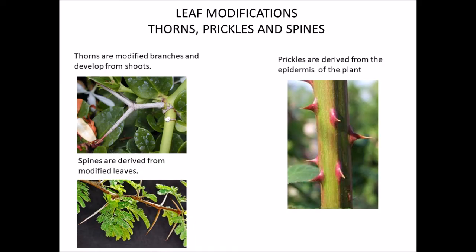So a good example of a prickle would be members of the rose family, roses and various raspberries, dewberries, blackberries. The thorns, which are derived from modified branches, a good example here is this plant in the image of the Carissa group of plants from the genus Carissa, which are called num-num bushes from Africa.